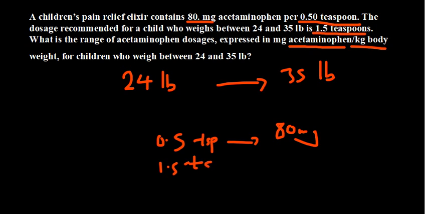Okay, so we need to find the value of x. How do we find the value of x? We'll cross and multiply. So 80 by 1.5, then divided by 0.5.